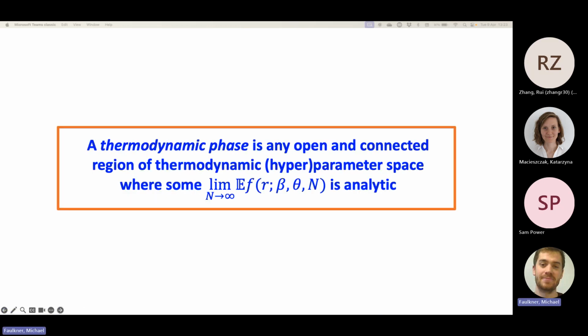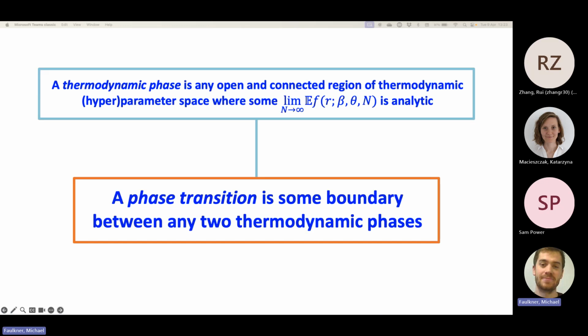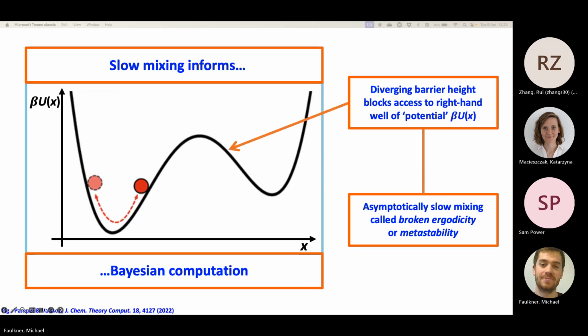Okay, so that's a thermodynamic phase, and a phase transition is just some boundary between any two. A phase transition is any region of thermodynamic phase space where you find some non-analytic behavior in some thermodynamic expectation. The really interesting thing in terms of sampling is that when you move through a phase transition, typically into a low temperature phase, though it might be some other phase, some sort of multimodality develops in your potential or probability landscape.